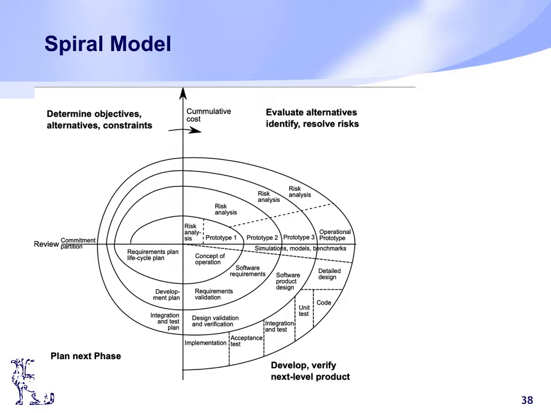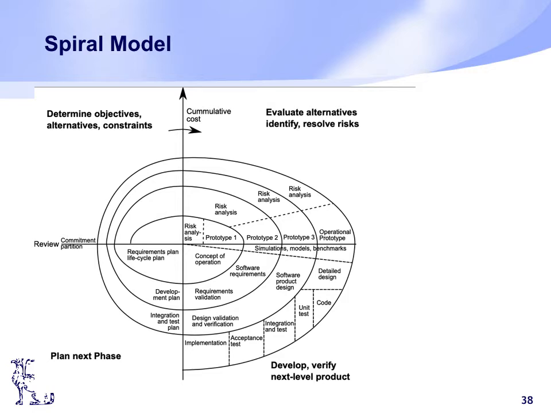The exact number of loops or cycles of the spiral is unknown, and it can vary from project to project. So each loop or each cycle of this spiral model contains 4 stages.